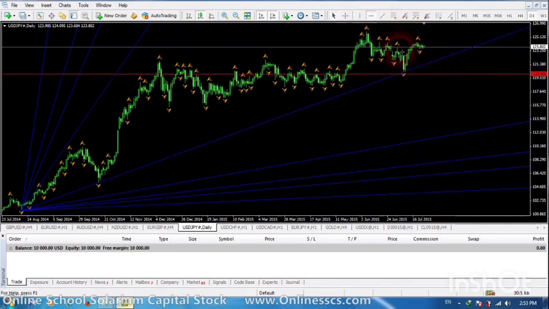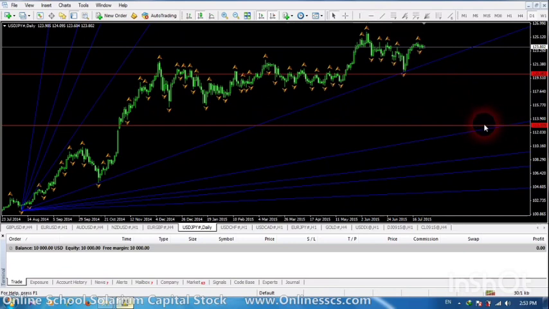So I can do a sell order here and close it in this area.